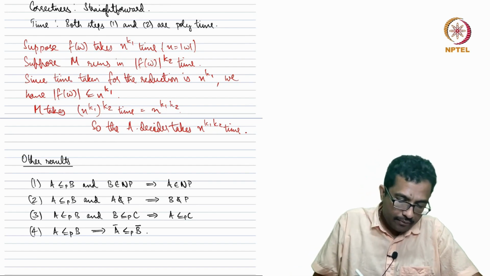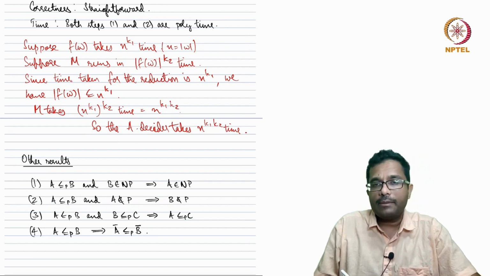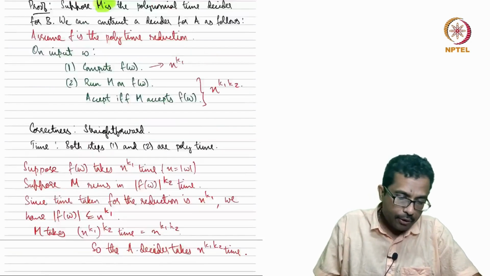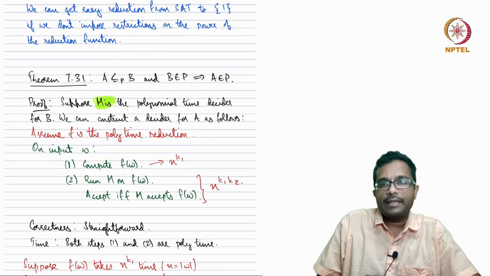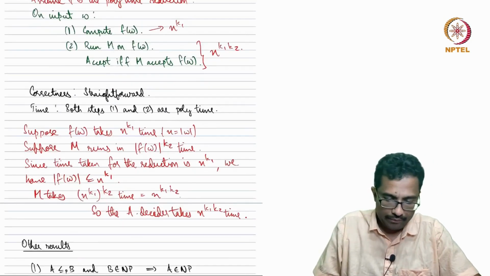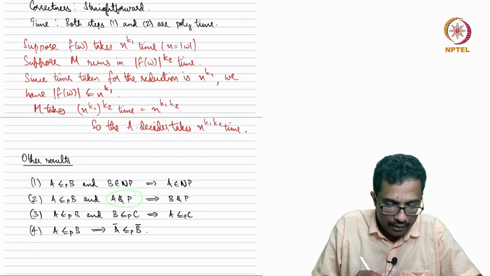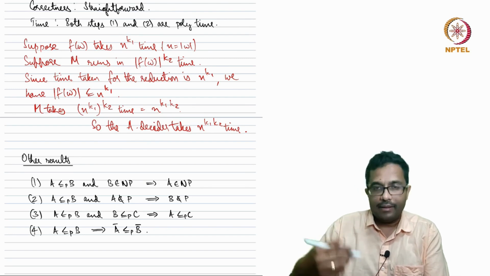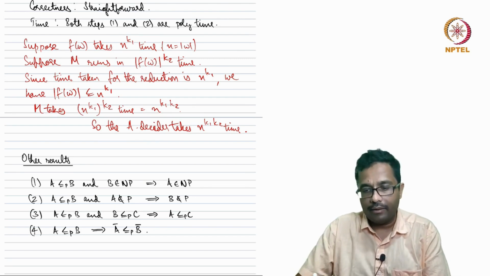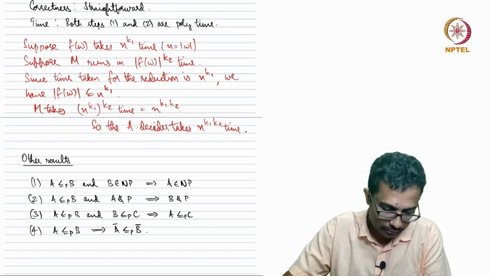Suppose B was in P. Then by this theorem it would imply that A is in P, which is a contradiction. If B was in P, that gives a way for us to decide A in polynomial time.